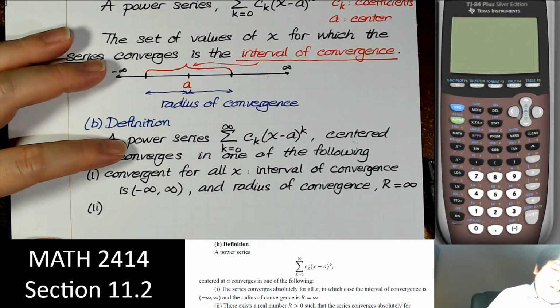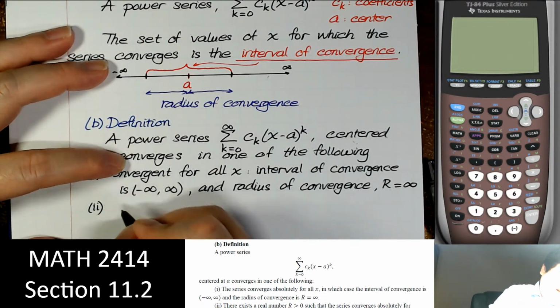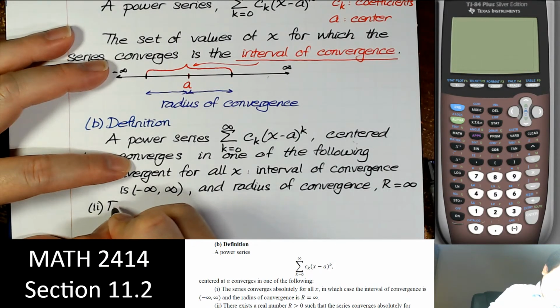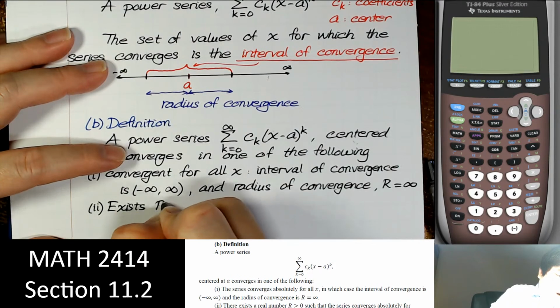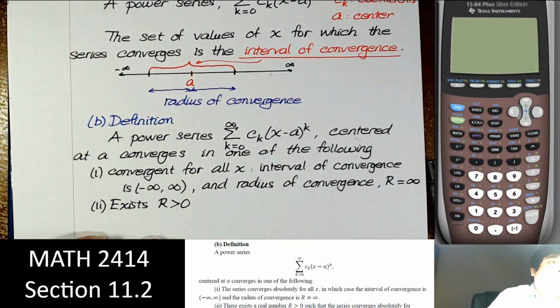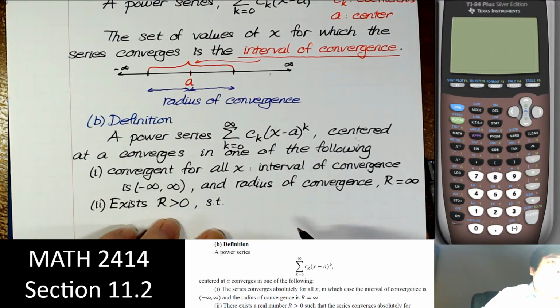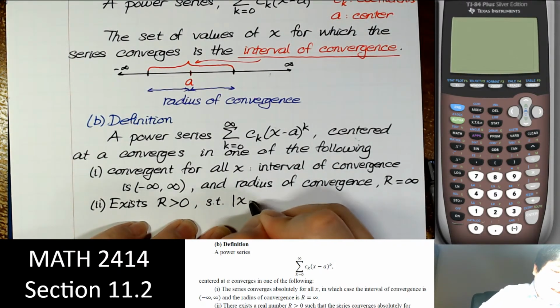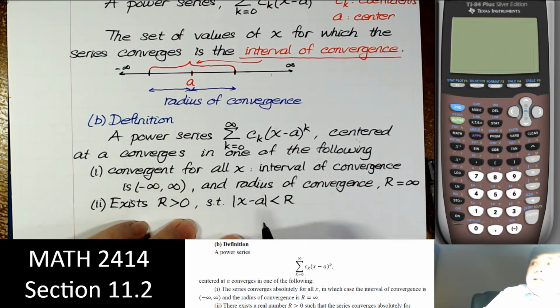So I'm not going to write everything like that. They said there will be x, or positive r, such that |x minus a| is less than r.